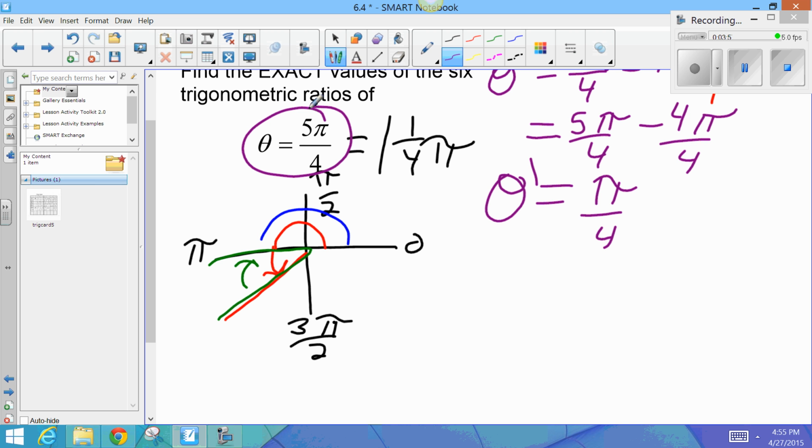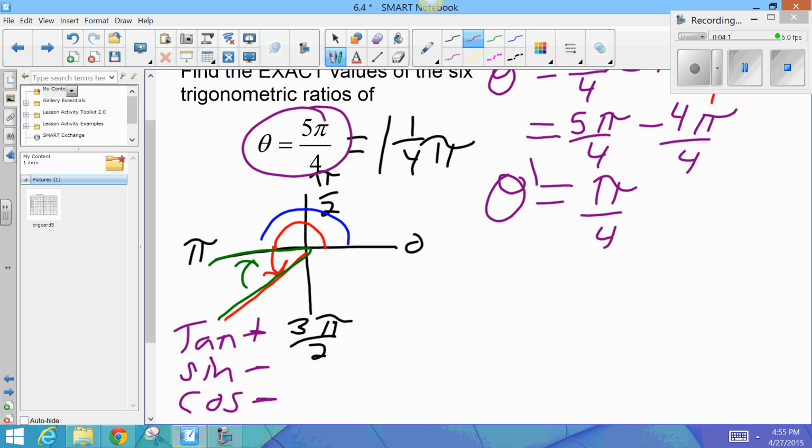This is a quadrant 3 angle, and in quadrant 3, all students take calculus, tangent is positive, but sine and cosine are negative.